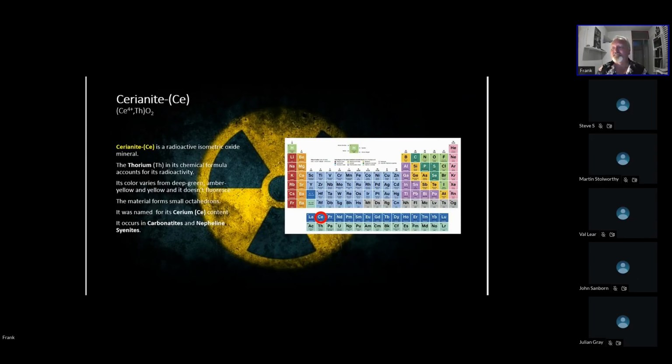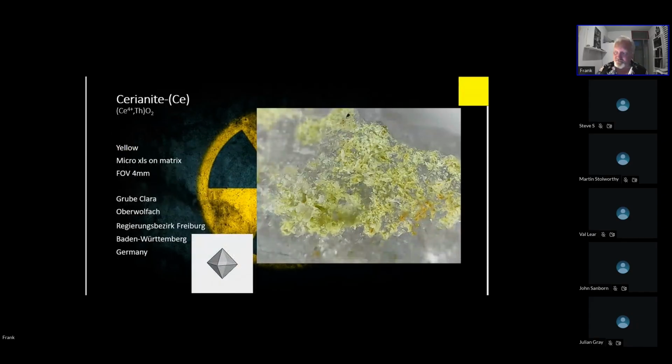Cerianite-(Ce). Cerianite is a radioactive isometric oxide mineral, and it's a thorium mineral. The thorium in its chemical formula accounts for this radioactivity, and its color varies from deep green to amber yellow, and it doesn't fluoresce. The material forms small octahedrons. It was named for its cerium content, and it occurs in carbonatites and nepheline syenites.